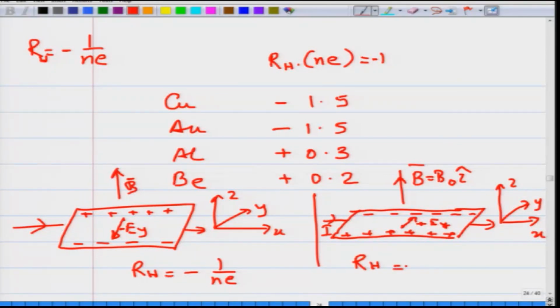If you calculate your RH exactly in the same way, you will get plus 1 by Ne. So, it looks very surprising that aluminum and beryllium, these types of metals, get a positive sign, which indicates as if there are positive charge carriers inside the metal.